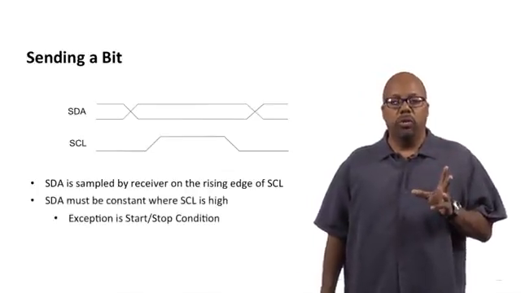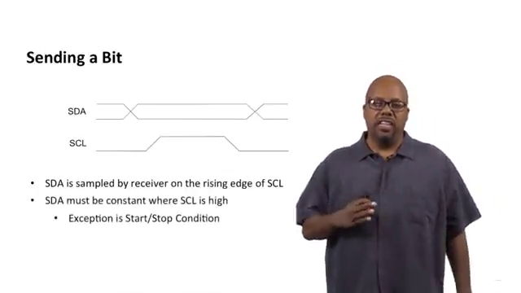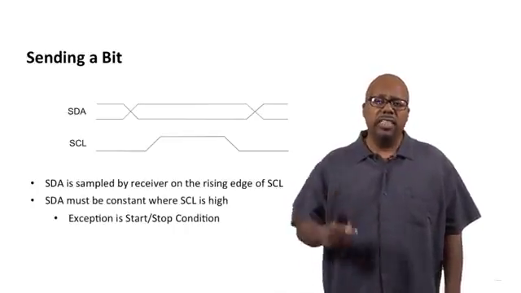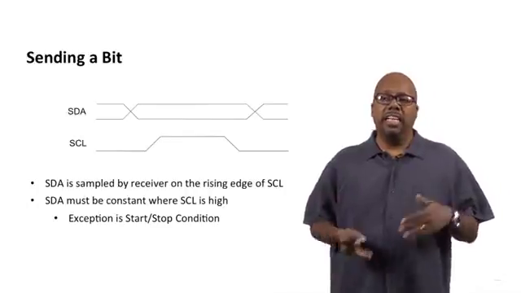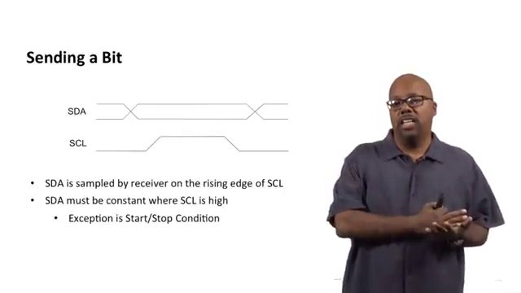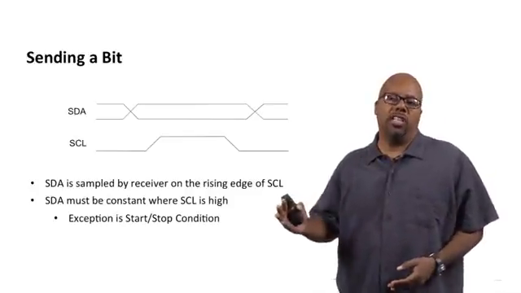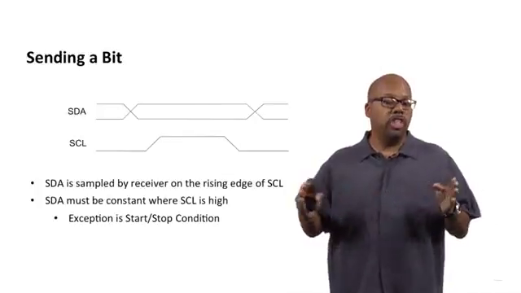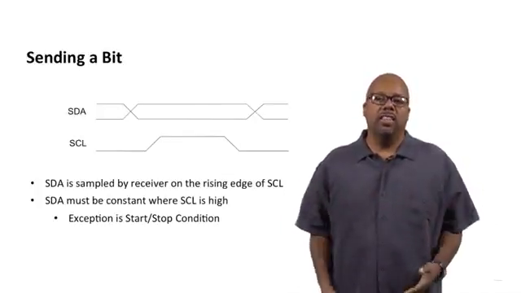Also, there's a rule about this protocol that SDA, the data line, has to be held constant as long as the clock is high. And you can see that in this picture. The SDA line can change values, but notice that the changes in value happen either before the clock goes high, or after the clock goes high, right? Always when the clock is low, that's when the change happens. There can't be a change during the time when the clock is high. That's just a rule.